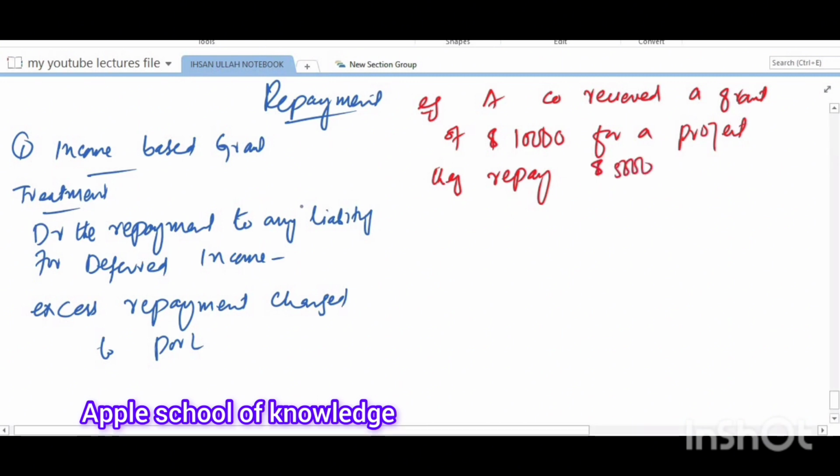So how will you treat this? You have to debit the repayment to any liability, and then the remaining will be charged to the profit or loss. So it's very simple. You have to debit government grant income, clear, and the cash which you will pay will be the 5,000. Clear? Now let's move on.